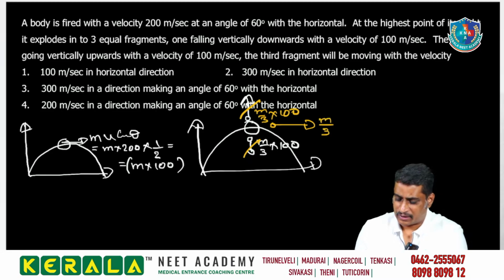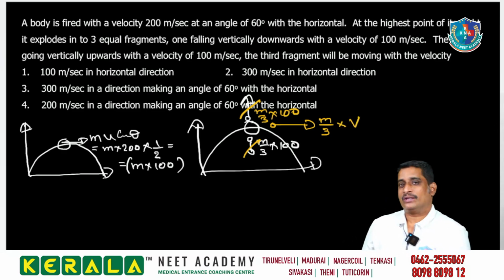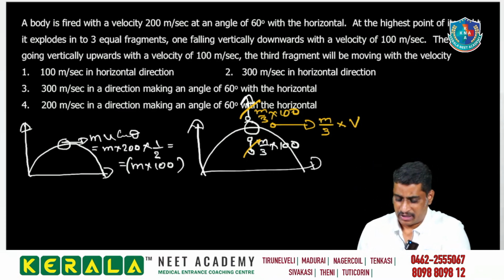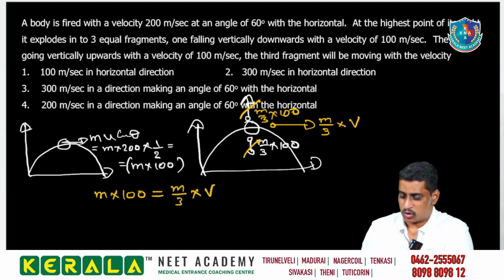Mass of this third fragment also will be equal to m by 3. And with how much speed that third fragment is moving, we have to find out. Then by applying the law of conservation of momentum here, before explosion, the net momentum of the bomb in the horizontal direction will be equal to m into 100, which equals the momentum just after explosion, m by 3 into v.